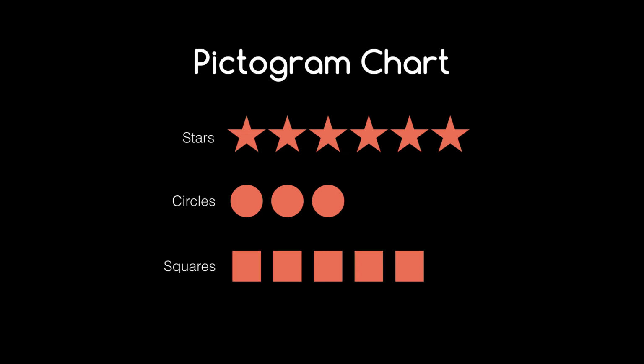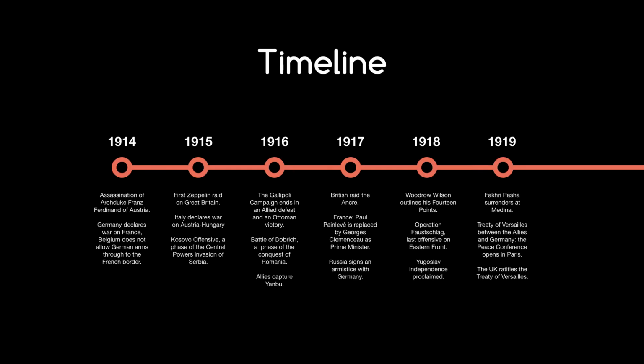For example, one icon could represent 1, it could represent 10 or 100, etc., which readers can then count, and it's to give a more visually engaging alternative to displaying small sets of discrete data. And then, of course, there's a timeline, which uses points along a line to display a list of events in chronological order. And here we've got a timeline of World War I.